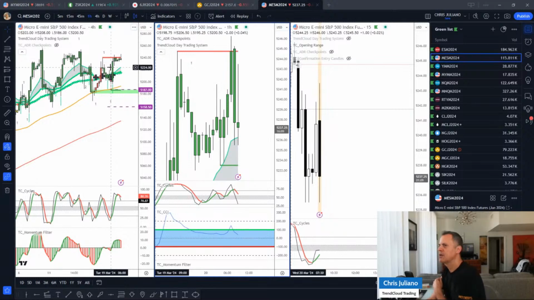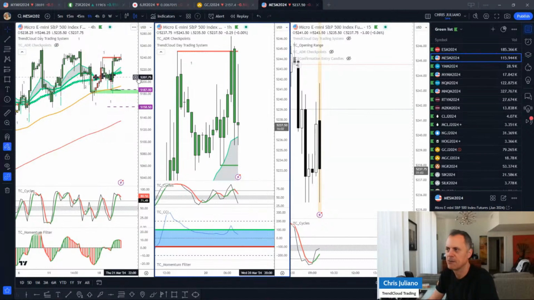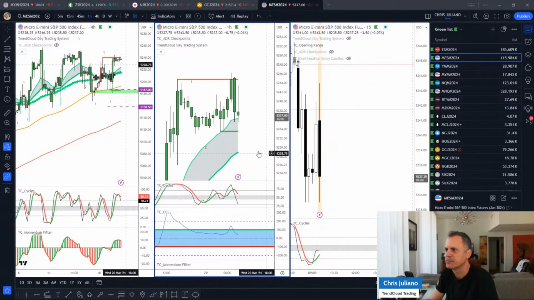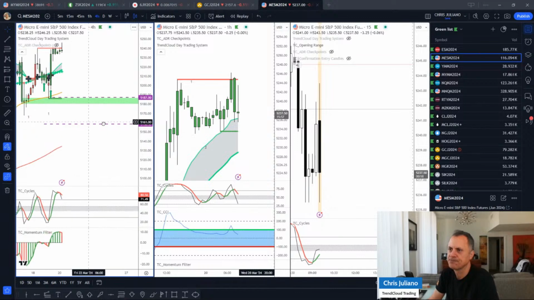So if you see sideways movement like that on the highest time frame, is that really the best thing to trade? Nah, not really. Don't really want to be a part of that.